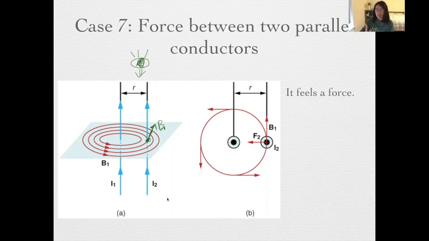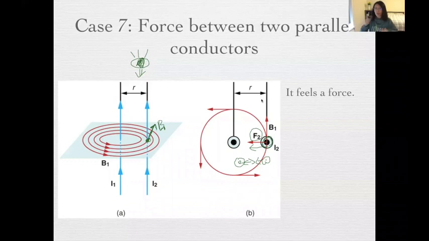The current is out of the page, the magnetic field is upward, then you will see the force is going to the left at this position. So the second current will feel a force pushing it to the left. So it seems like these two wires are attracted to each other.